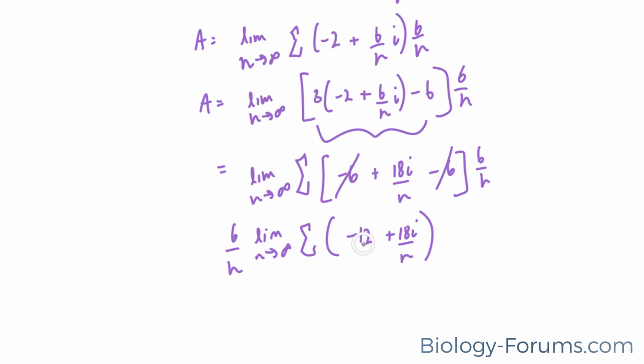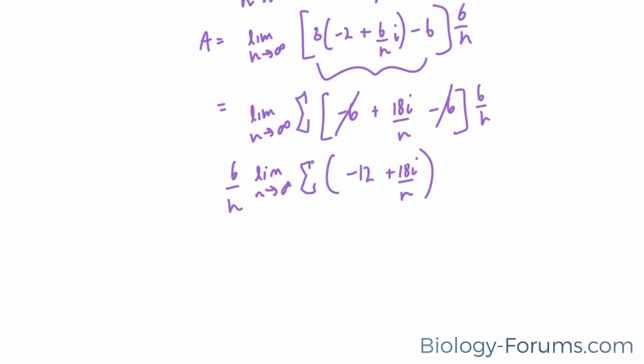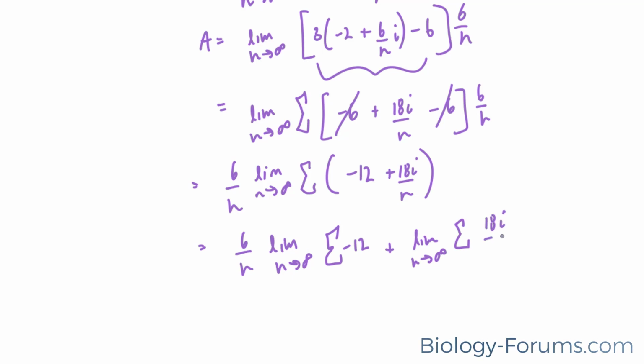Now, what I'm going to do next is give this limit to both of these on their own. Here's what I mean. 6 over n, the limit as n approaches infinity for the sum of negative 12, and the limit as n approaches infinity for the sum of 18i over n.